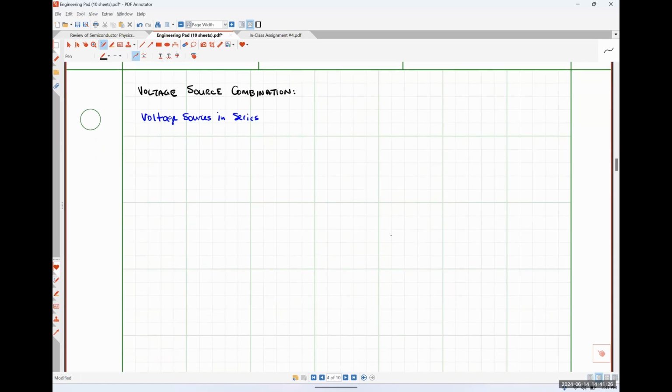So let's look at a very simple circuit here where I have, let's just say, some generic voltage source VS1, a resistance R, across which I will have a voltage drop VR.